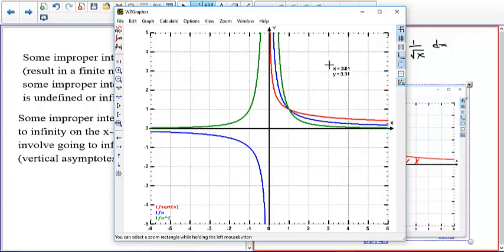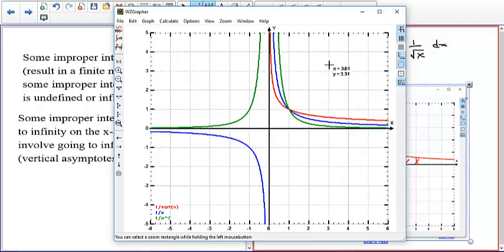It doesn't quite go to the x-axis quick enough, and it's infinite. But the green curve approaches the x-axis fast enough that it is finite. And you can see they switch places when you go towards the y-axis. The green curve here, which went to the x-axis most quickly, is the one that goes to the y-axis least quickly.